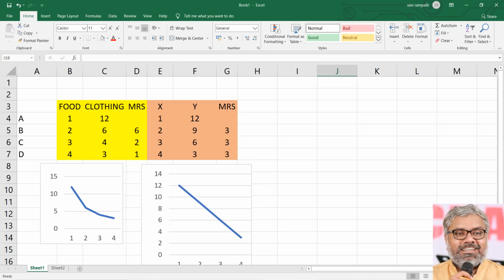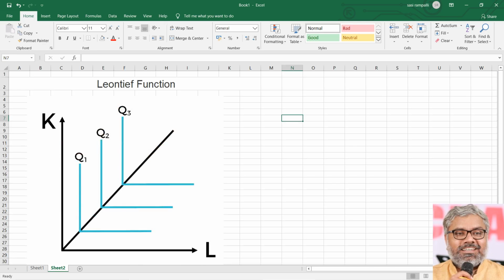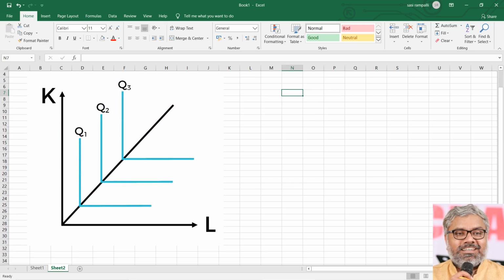Here we have taken some examples and we took it very easily, and drawing the graphs is easy because these are linear functions. But this is not a linear function, this is called a Leontief function, which is not required for us. We don't need to be mathematicians and economists here. So don't enter into the unnecessary thought process of how this L shape will be formed.